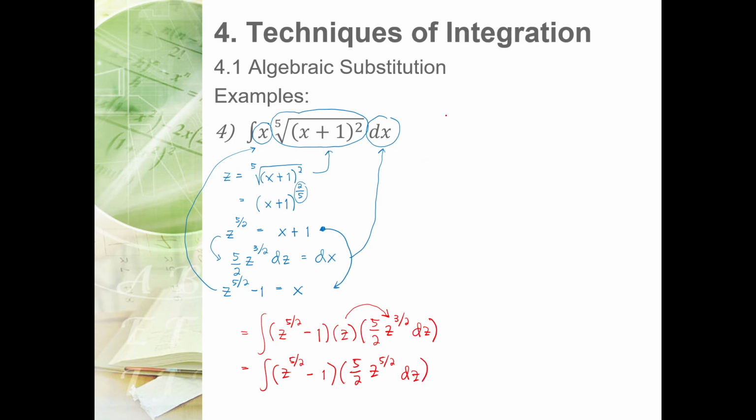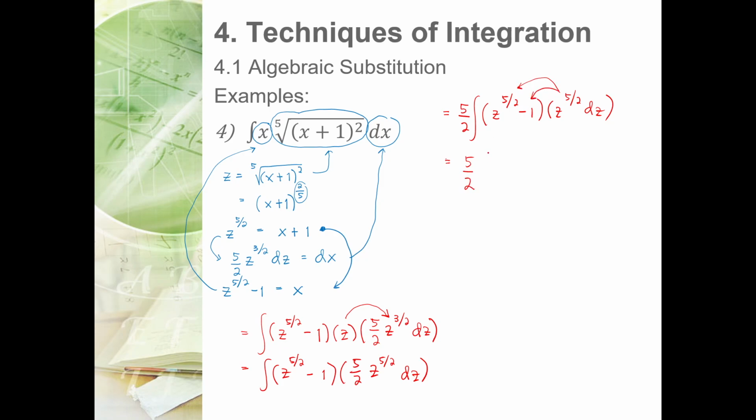Okay, so placing your 5 halves outside the integral symbol, this becomes the integral of (z to the 5 halves minus 1) times z to the 5 halves dz, right? Okay, so next we distribute your z to the 5 halves here.